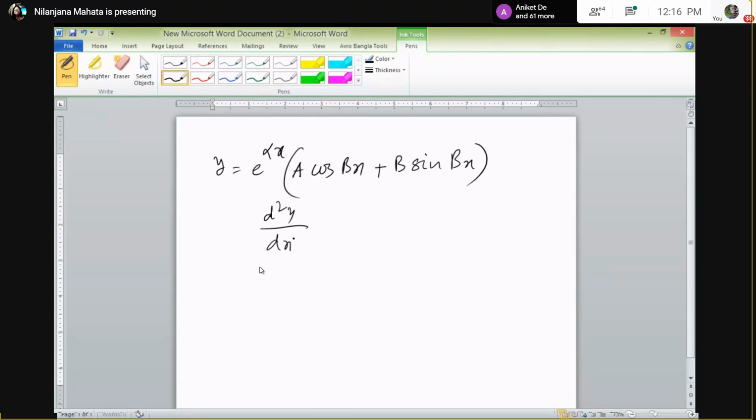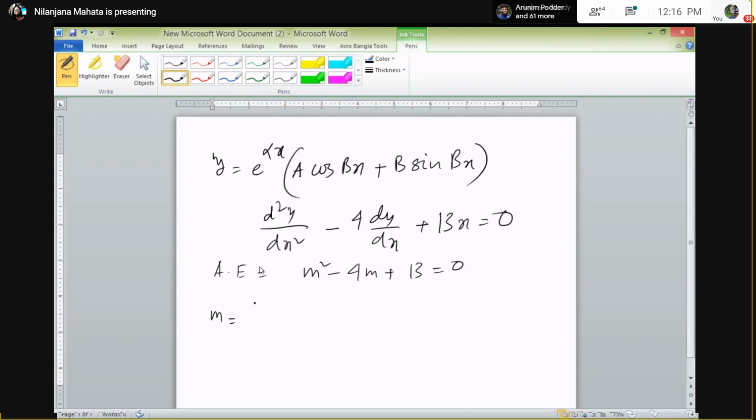d²y/dx² minus 4 dy/dx plus 13y is equal to 0. So your auxiliary equation will be m² minus 4m plus 13 is equal to 0. m is equal to (4 plus minus the square root of 16 minus 4 into 13) by 2.